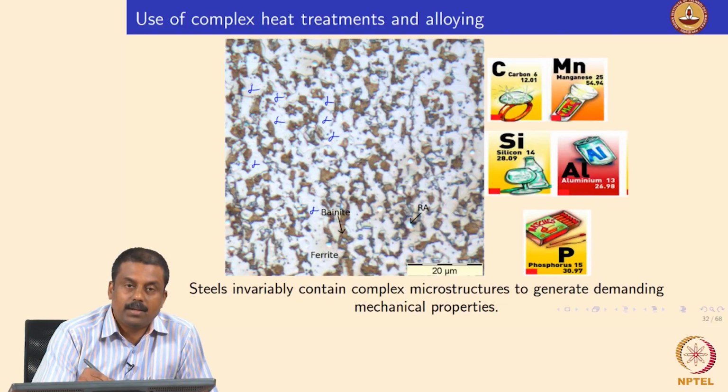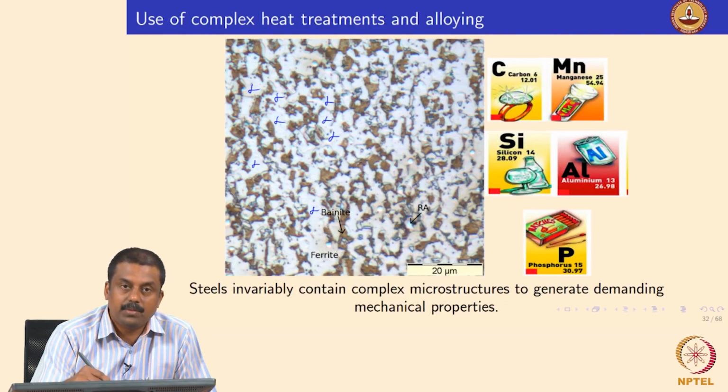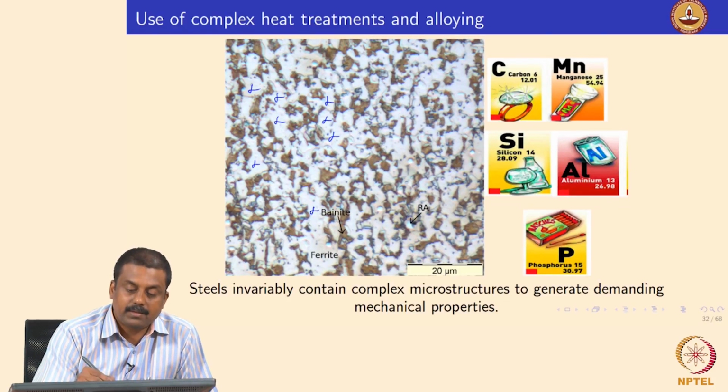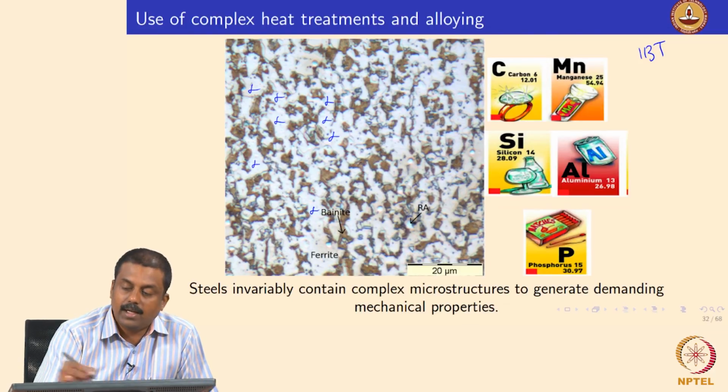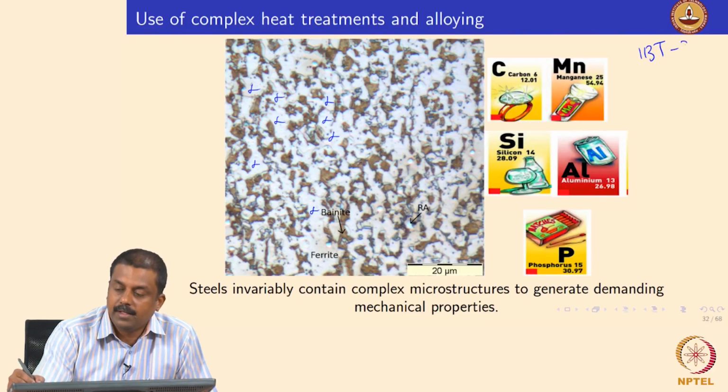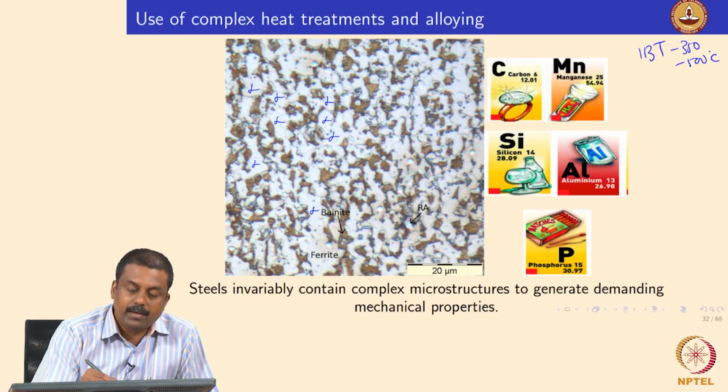But this austenite is subsequently transformed to a bainitic microstructure during the isothermal bainitic holding between 350 and 500 degrees centigrade, and we are transforming the austenite from the intercritical annealing to bainitic ferrite, right.